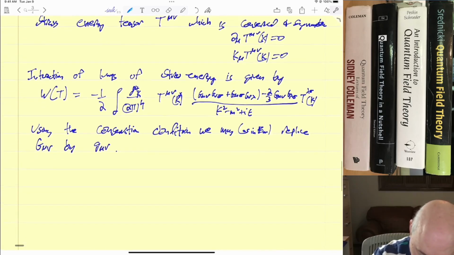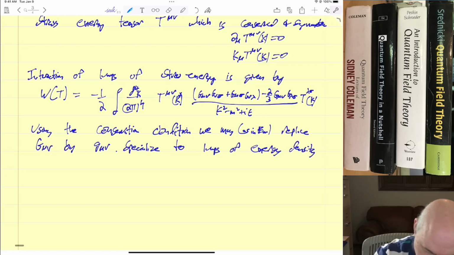And we can specialize to lumps of energy density, which is T00. So we set all indices to 0.